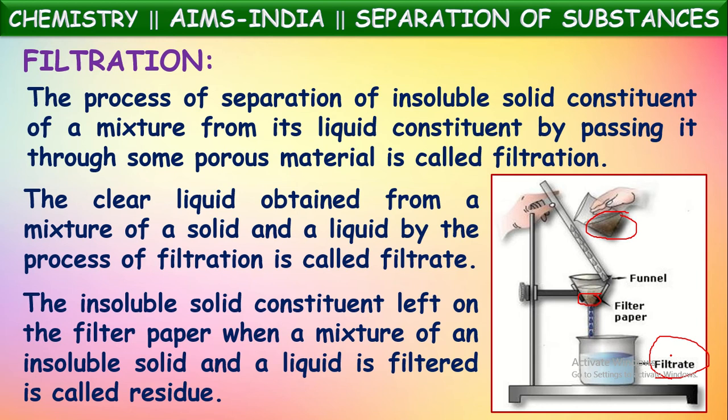Then the pure decoction comes down, and the tea leaves or coffee pieces remain in the sieve itself. The pure decoction that came down is called filtrate, and the solid remaining in the filter or sieve is called residue. This technique is called filtration.